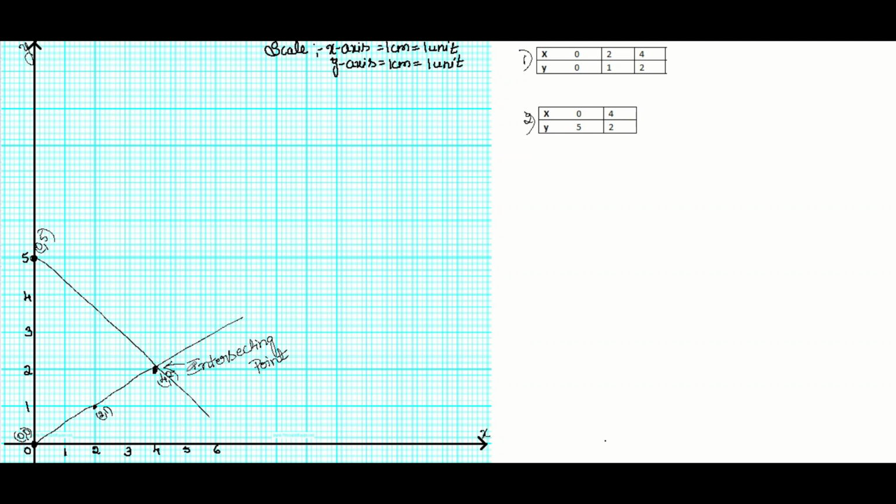This is the intersecting line. Then you have to write it here: 4, 2 is the intersecting point. So this is the way you have to draw the graph in your graph sheet.